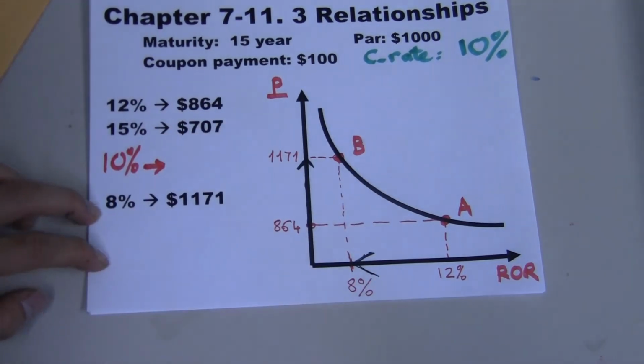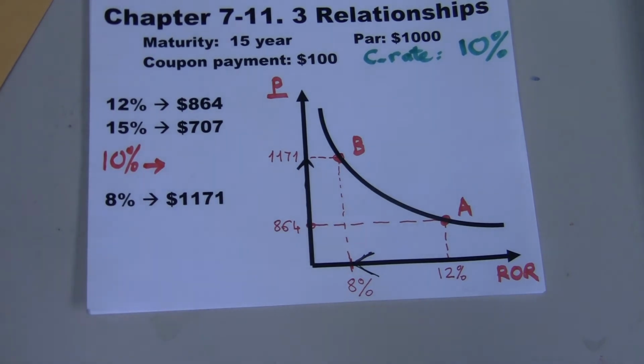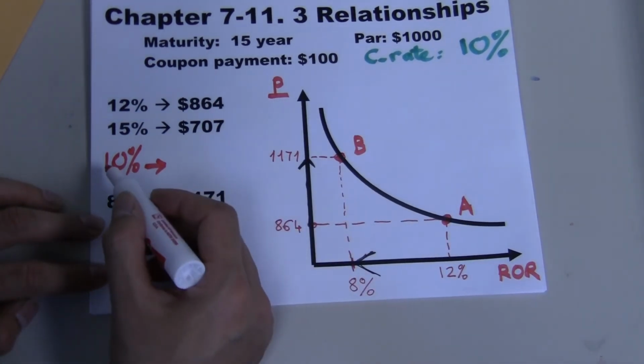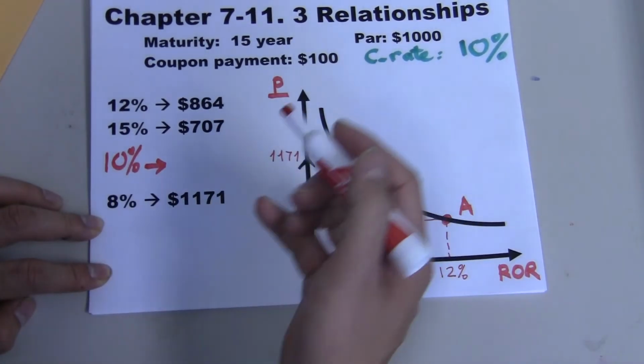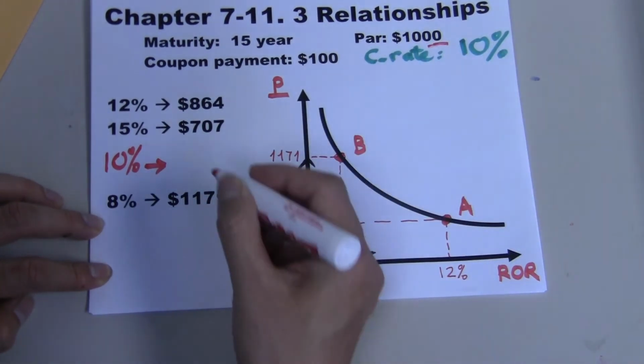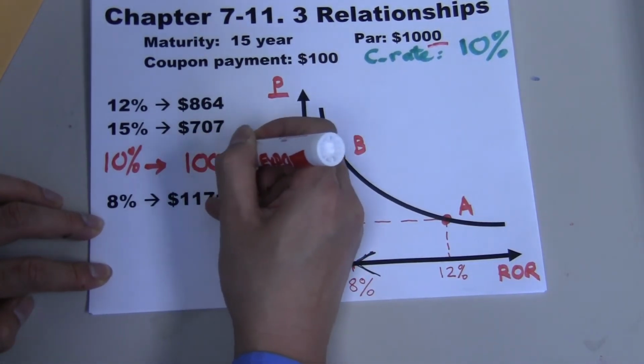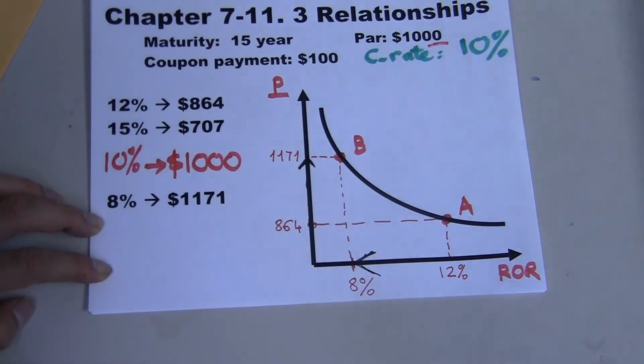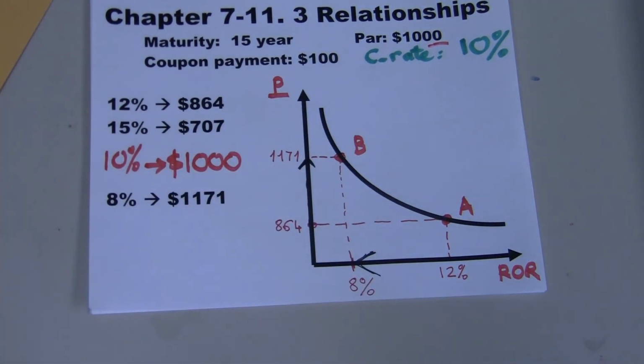You can do your calculation, but in the book on the three relationships, we already mentioned that if the required rate of return equals the coupon rate, the price of the bond equals par value. So in this case, the value of the bond is exactly 1,000.